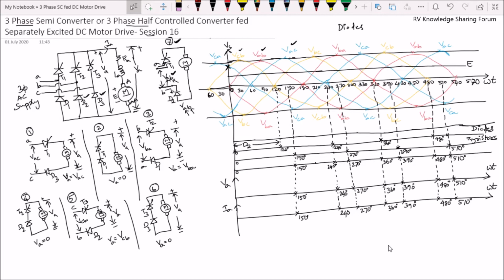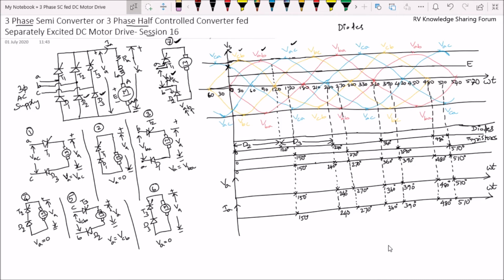Now we have to check at which angle the line voltage VAC becomes more positive. See here, at an angle of 120 degrees, the line voltage VAC is becoming more positive. So at 120 degrees, the diode D3 will be forward biased.